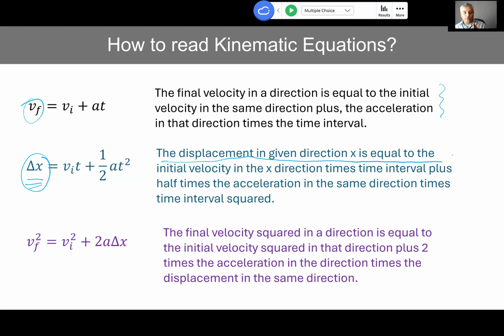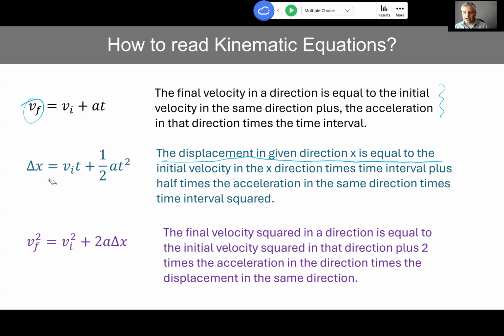We can use this equation in any direction as long as the object is moving in that particular direction. Could be left, right, up, down, or east and west. In all of those situations, we can write it. Although I have written x here, x is a particular direction.